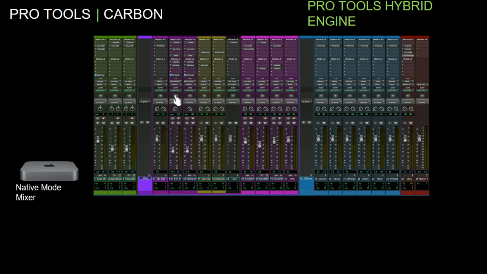We have a large session with lots of tracks, and as you can see, there are lots of plugins on those tracks. So we're using our native CPU to get a very powerful mix.